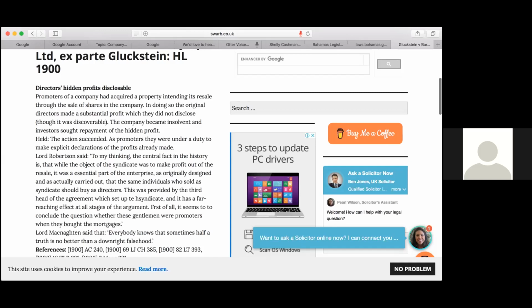So what is the effect of incorporation? What does that mean? It means that the company is duly registered by the law of that land. It's now in existence. And what else? That it complies with the act. That's the first thing.